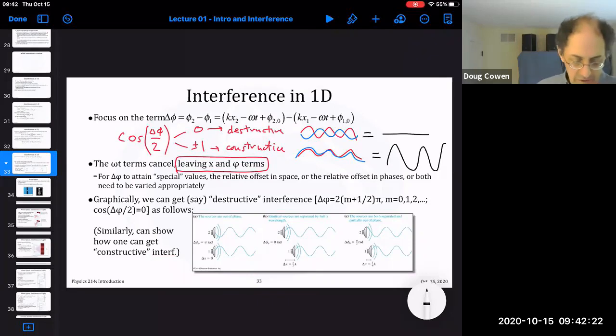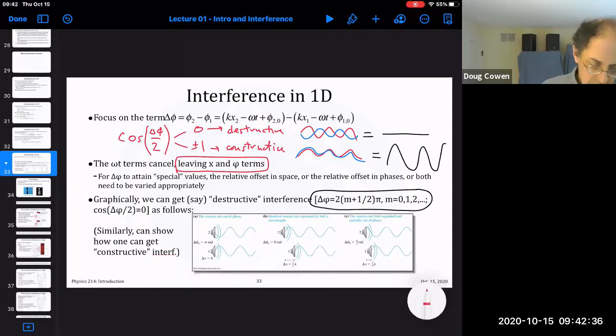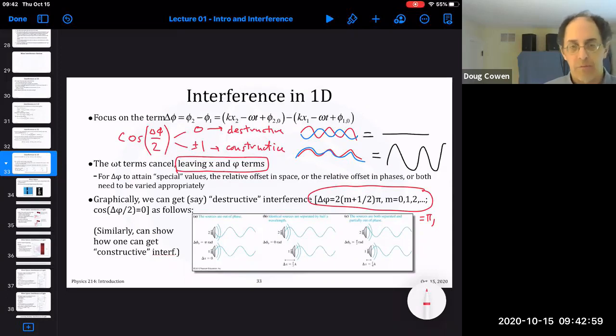In order to get destructive interference, this term delta phi over 2 needs to satisfy this expression here. What this expression tells you is that, say m equals 0, delta phi will be equal to pi. If I put in m equals 1, what do I get? 2 times 1 plus 1/2, 2 times 3/2 is 3, so that's 3 pi, and so on.